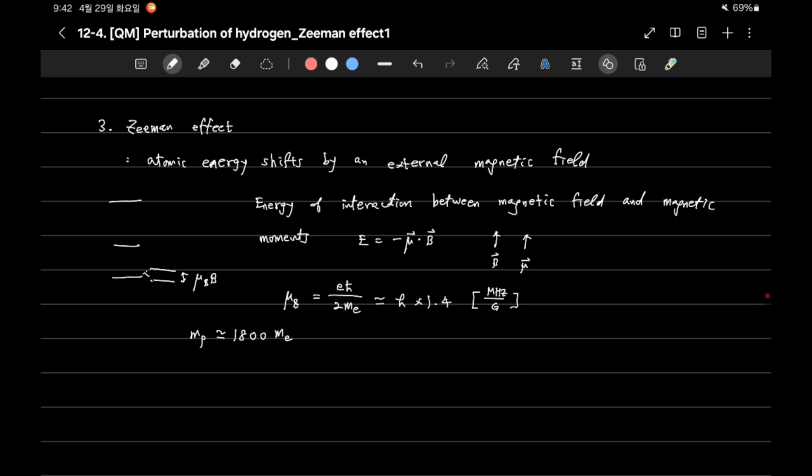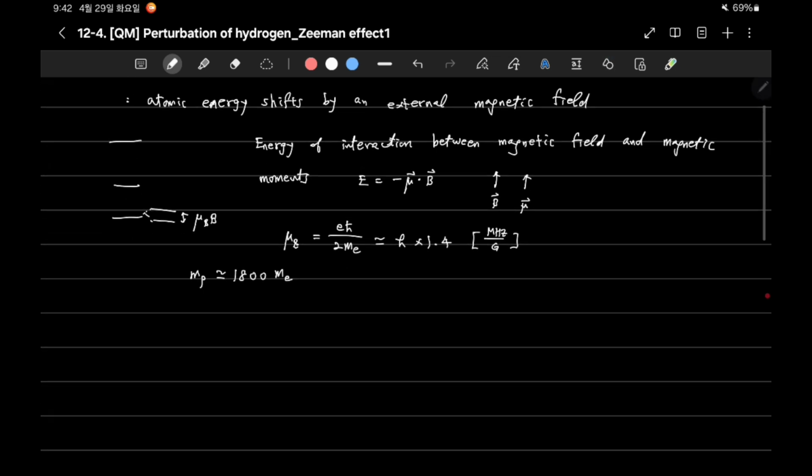Here, when you apply a magnetic field, let's consider the normal Zeeman effect. There are two kinds of Zeeman effect: one is the normal Zeeman effect, and the other is the anomalous Zeeman effect. The normal Zeeman effect is the Zeeman effect without spin.